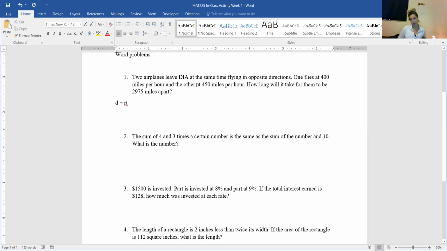So the one going faster would have more time though, right? No, they're both flying the same amount of time. Remember, how long will it take for them to be this many miles apart? So it's the same time for both. So it's just that one of them is going to go further than the other. Okay.